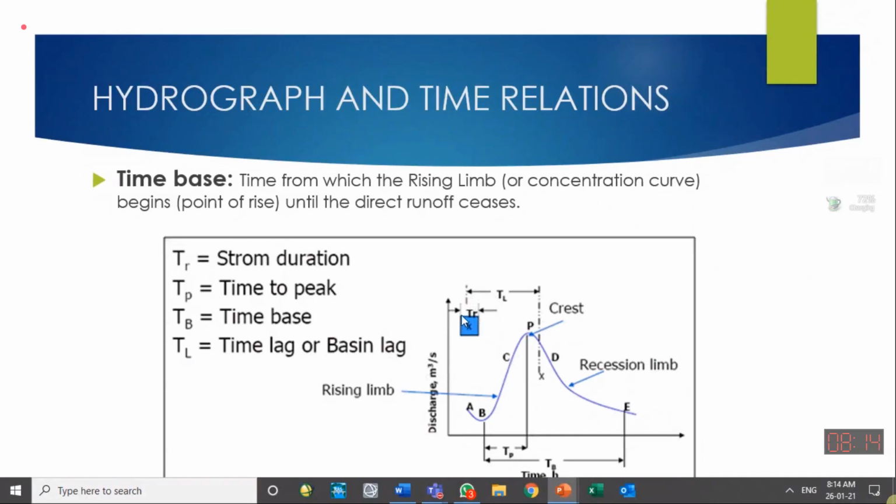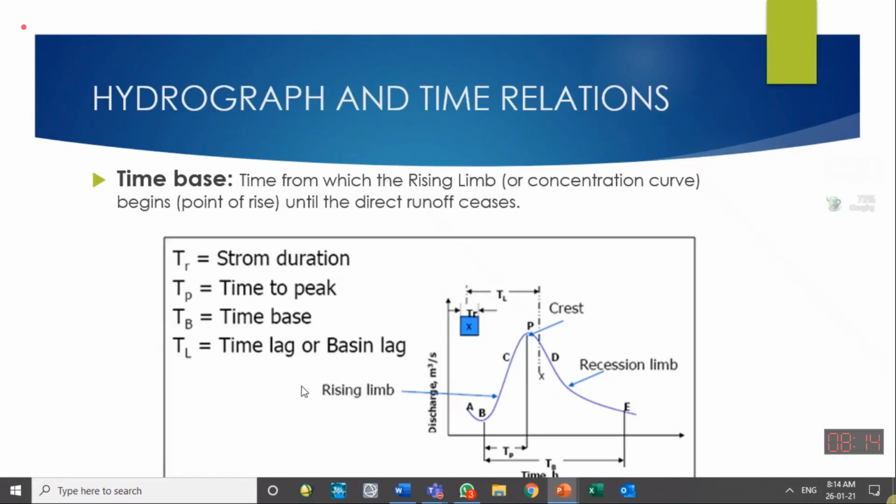The storm will not have a constant intensity. For example, for 1 hour it can have 2 millimeters of rainfall, and for another hour it can have 10 millimeters. So we are talking about the center of the mass of the hydrograph, which may not be at the exact center of the TR.